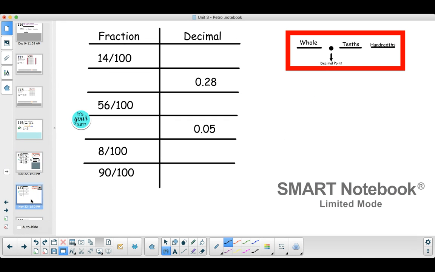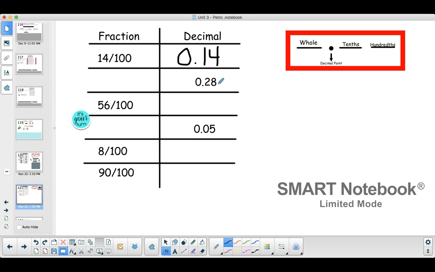All right, now we are going to practice writing fractions as decimals. In this case, these fractions are written over hundredths. The first one says 14/100ths. When we write 14/100ths as a decimal, we have 0 wholes, we have 1/10, and 4/100ths. 0 and 14/100ths.